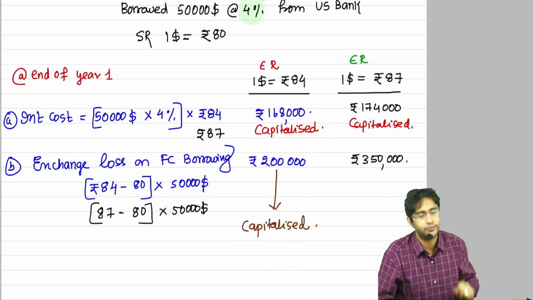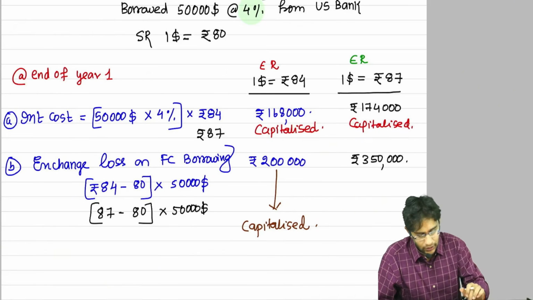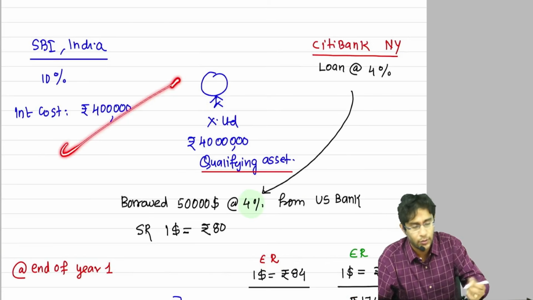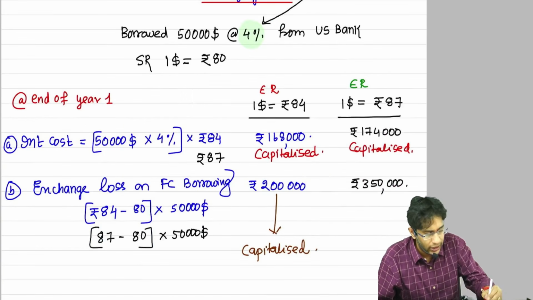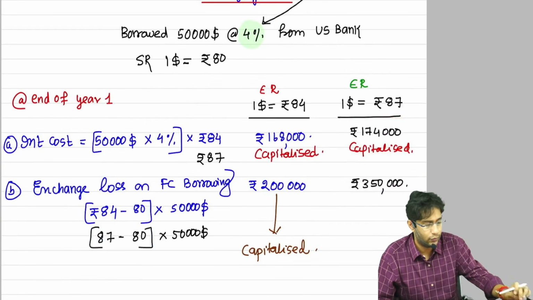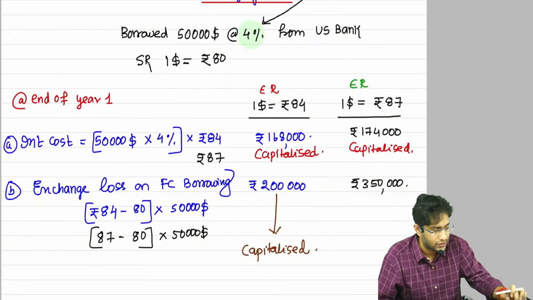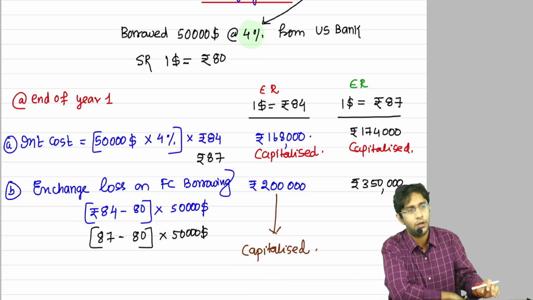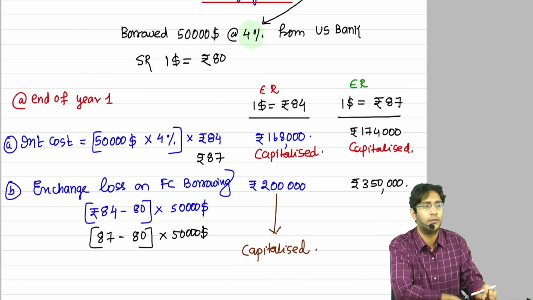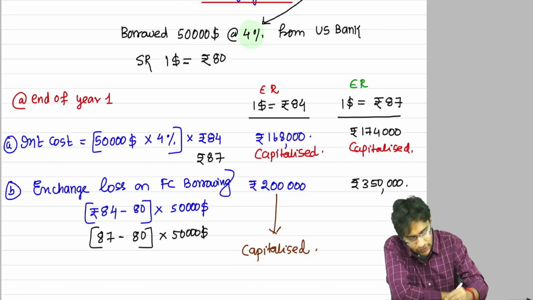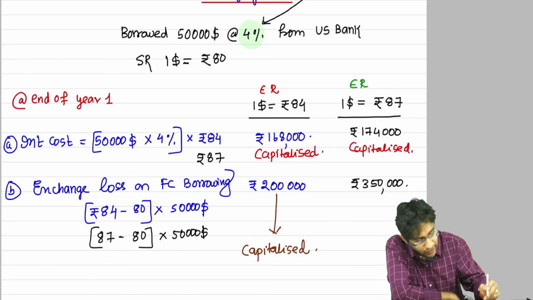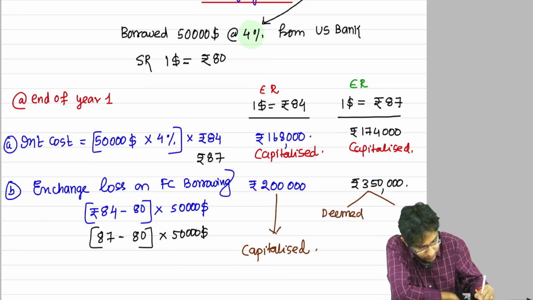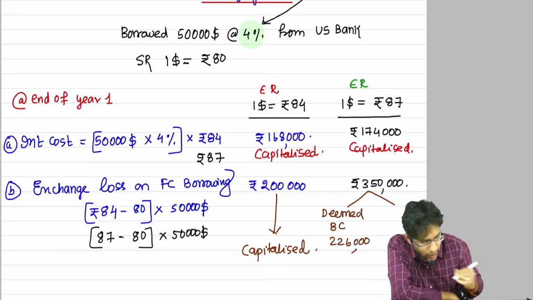Come to case 2. In case 2 also, from the India point of view, you can capitalize how much? 4 lakhs. You are anyway capitalizing how much? 1,74,000. Take your calculation, sir. Out of 4 lakhs, 1,74,000 anyway I am capitalizing. I still have scope for how much? 2 lakh 26,000 max. What is my exchange loss? 3 lakh 50,000. Out of this, deemed borrowing cost is 2 lakh 26,000.